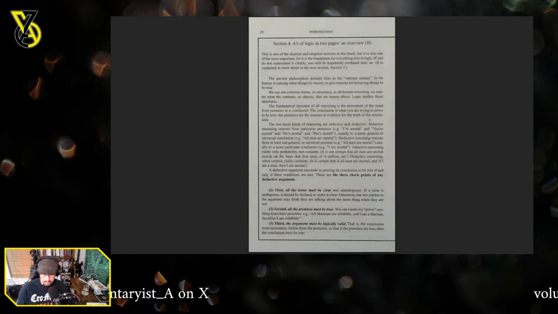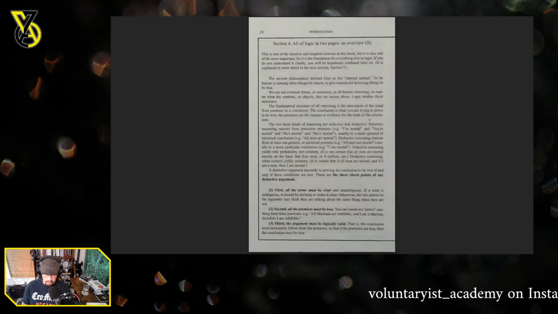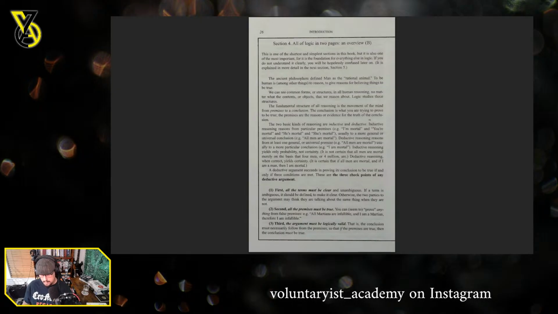Number 1, first, all the terms must be clear and unambiguous. If a term is ambiguous, it should be defined to make it clear. Otherwise, the 2 parties to the argument may think they are talking about the same thing when they are not. Second, all premises must be true.